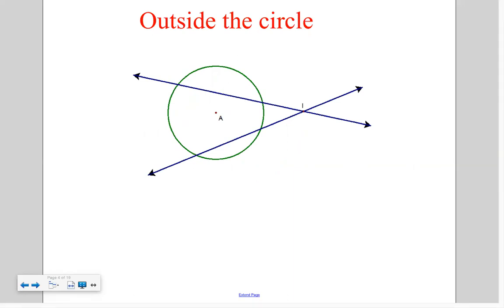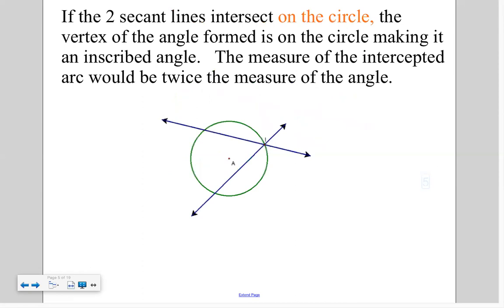Let's take a look at these different situations. All right, if two secant lines intersect on the circle, the vertex of the angle is on the circle, making it an inscribed angle, and the measure of the intercepted arc will be twice the measure of the angle. So, long story short, we've done these types of angles before.